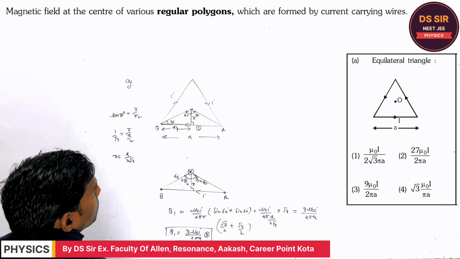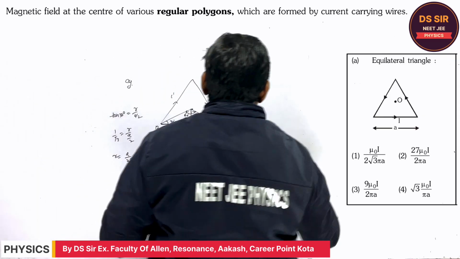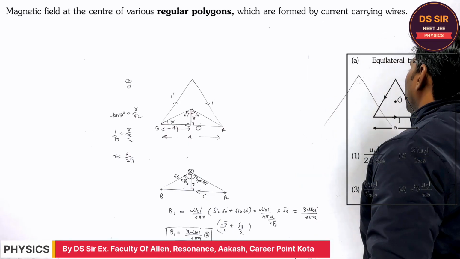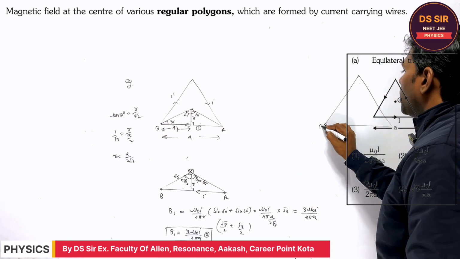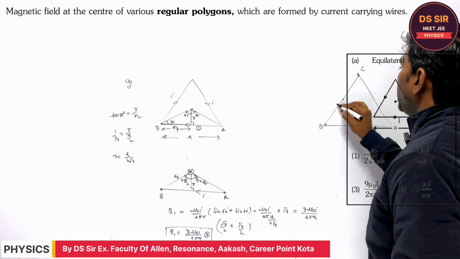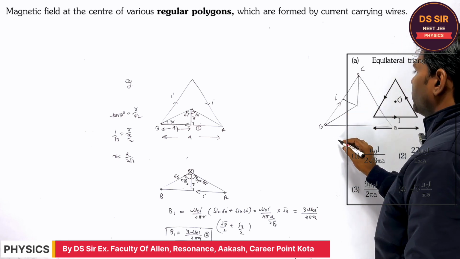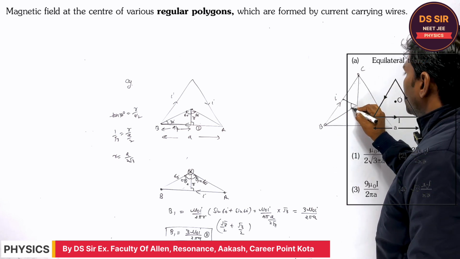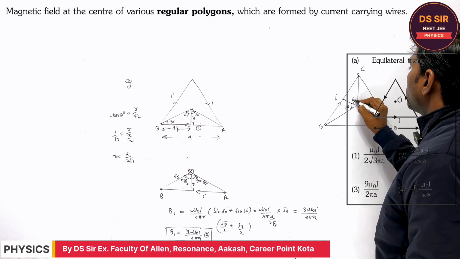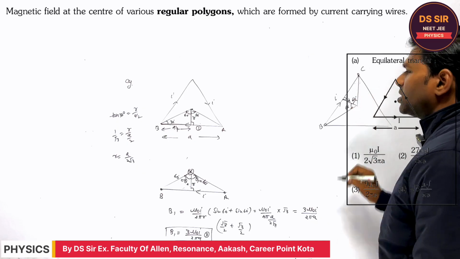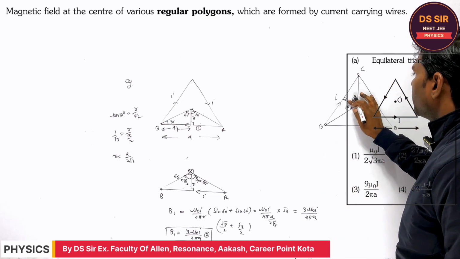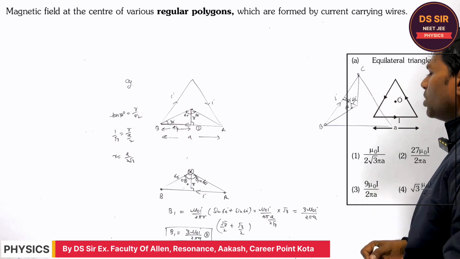It is into the board. But if you consider the magnetic field due to the BC part, you will see this thing is similar. This is 60 degree, this is also 60 degree, this is the distance R. Are you getting or not?